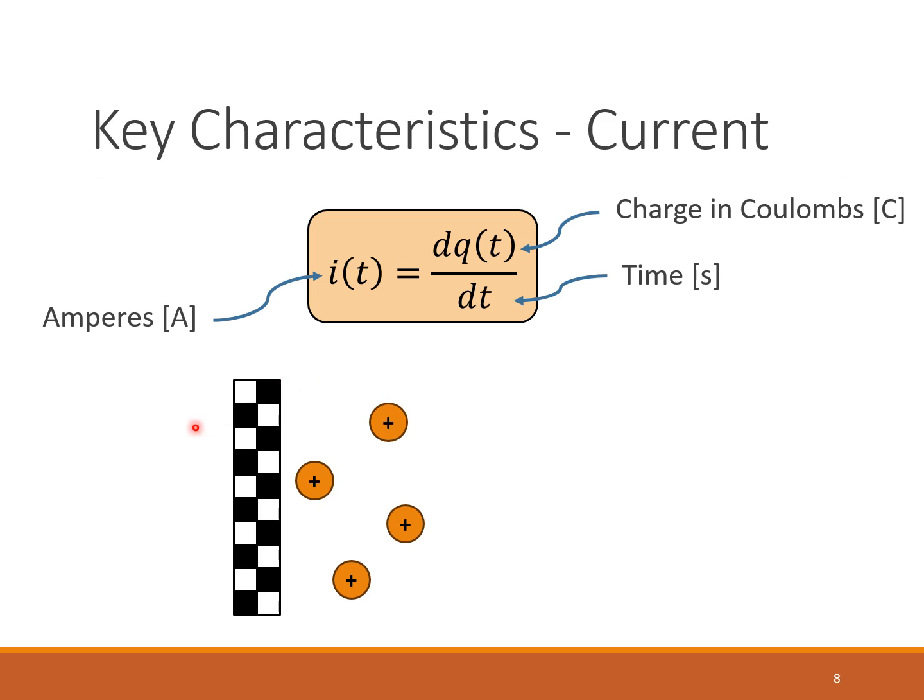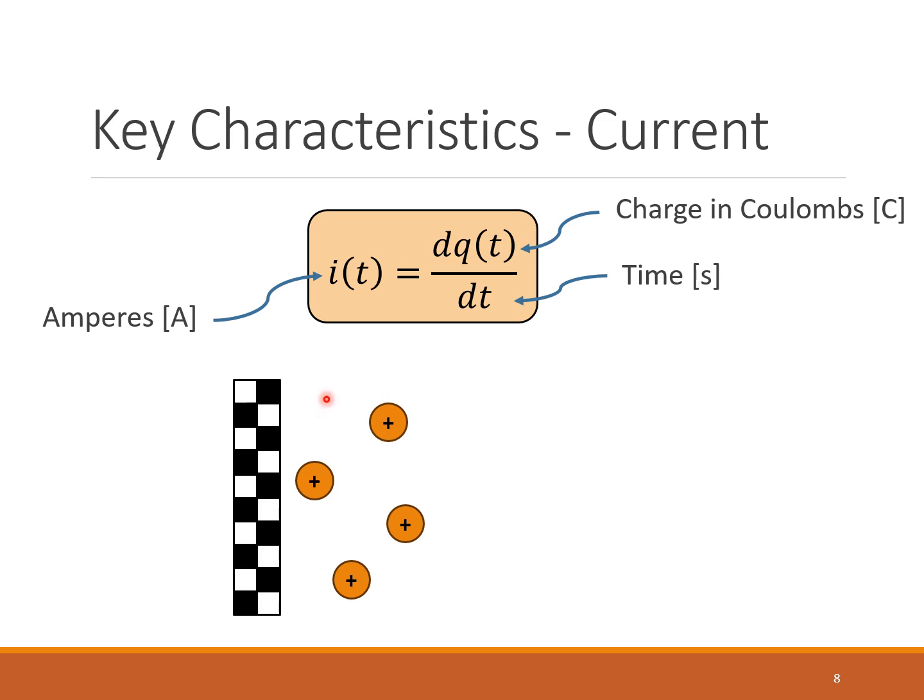Now in this animation, I've shown positive charges moving from left to right. That corresponds to what we'll call conventional current, or typically just current, I. In reality, most of our current in most circuits comes from movement of electrons, which of course have negative charge.